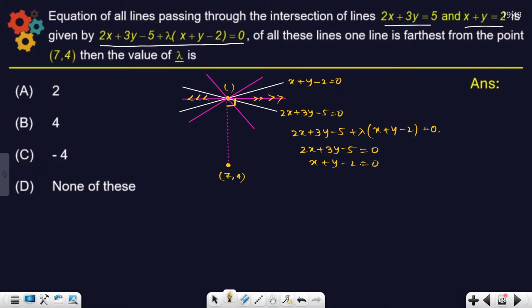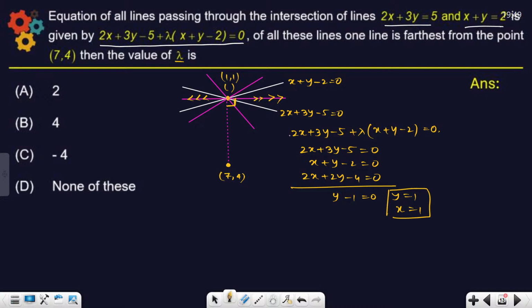Simply solve these two lines. So what I will do, I will multiply with 2 and then I will subtract to get y equals 1. If I get y equals 1, you are getting x equals 1 also, right? So this point of intersection is nothing but 1, 1.